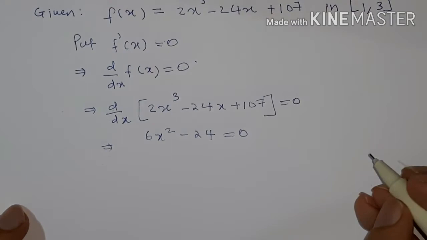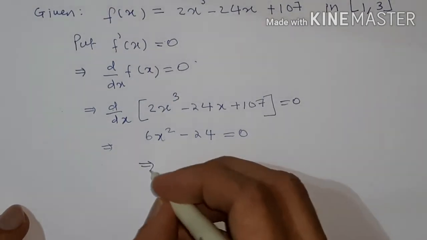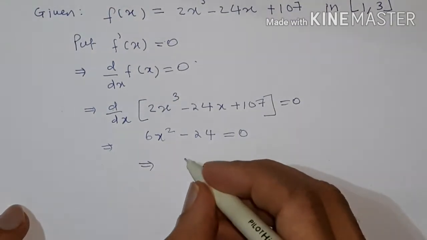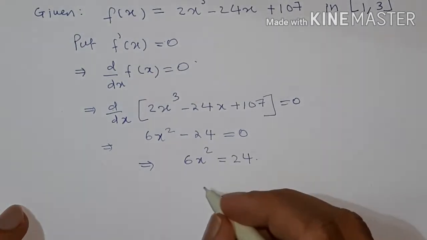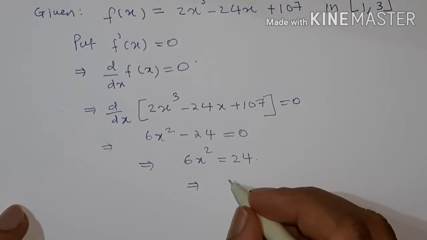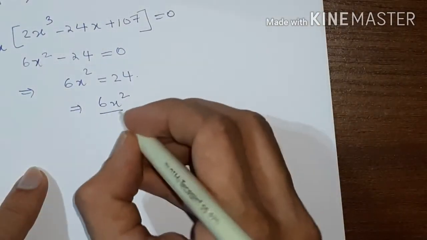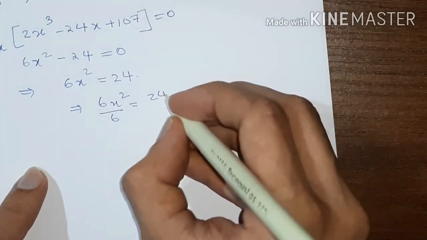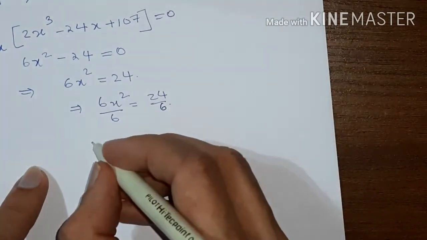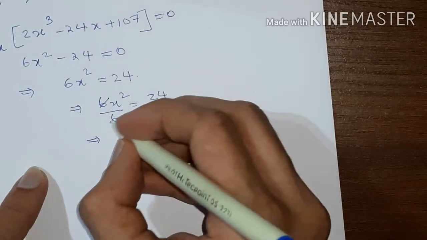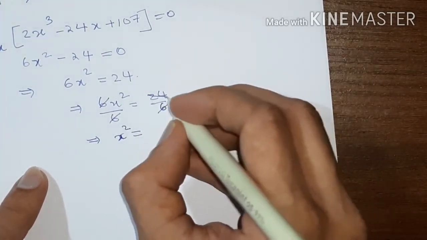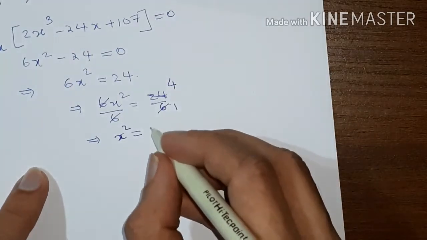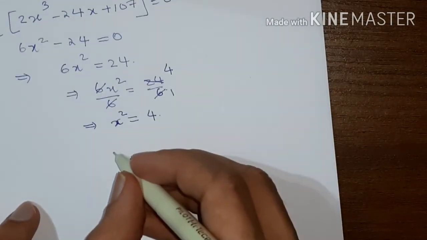Now if I take minus 24 to the other side, you get 6x square equal to 24. Dividing by 6 on both sides, 6 and 6 cancel, so x square is equal to 4.